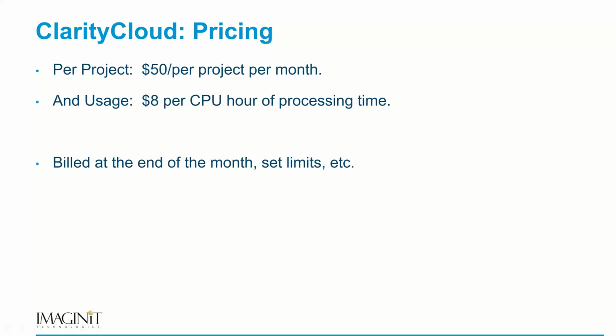But as you saw in that small model example, it can be as fast as 15 seconds to actually do the work. So you can get a lot of models processed for a CPU hour at 15 or 30 seconds apiece.